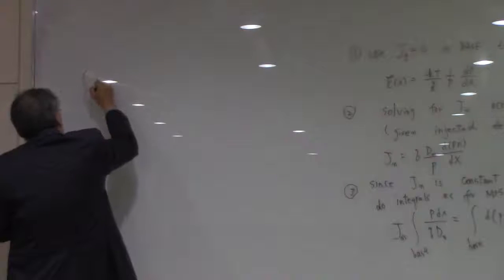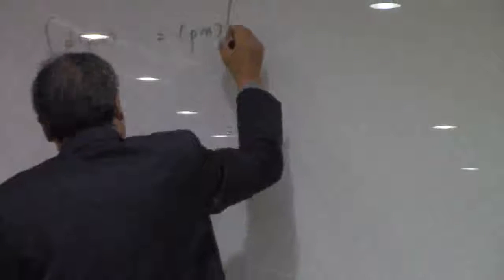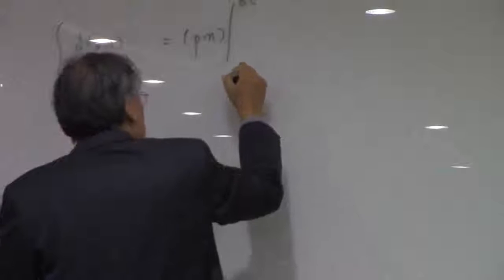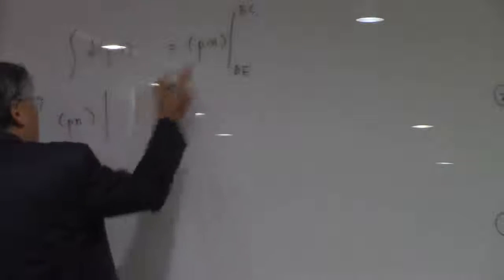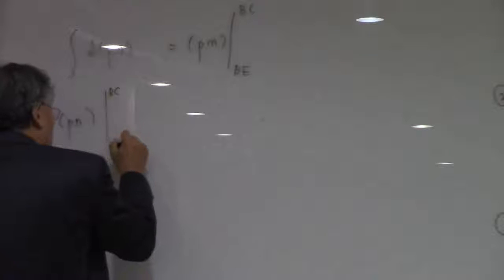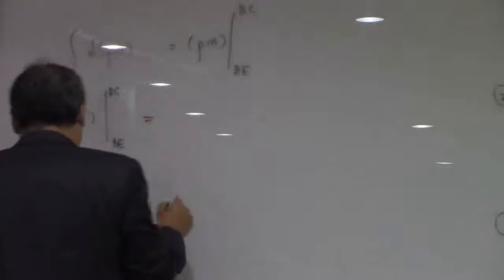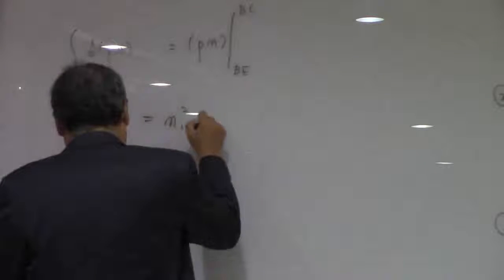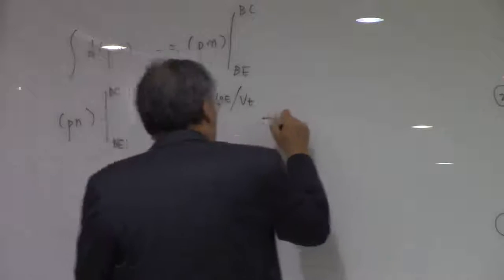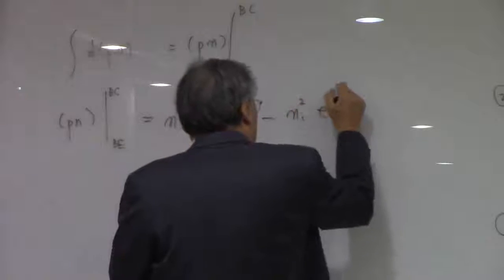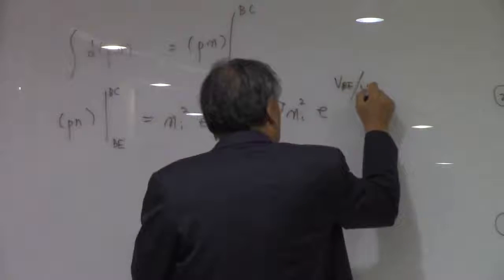Well, the Pn product is going to be equal to Pn, and the boundaries are collector base and emitter base. Okay, and we know Pn at both ends at the junction, that is Ni squared e to the VBC over VT, and Ni squared e to the VBE over VT.